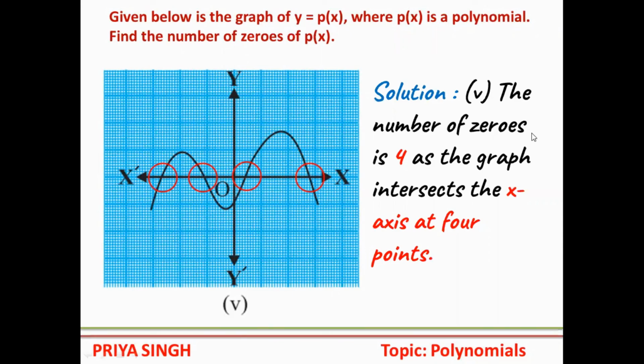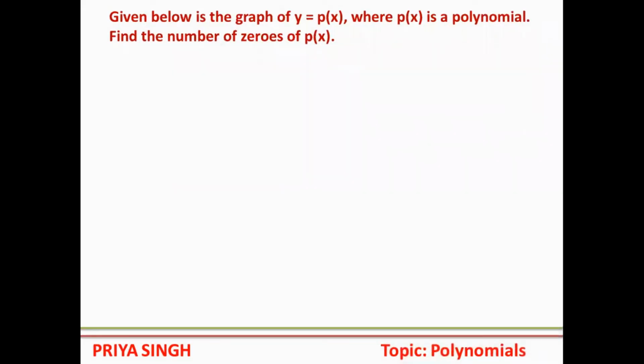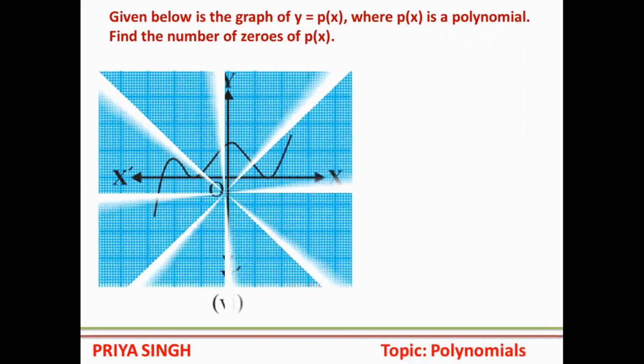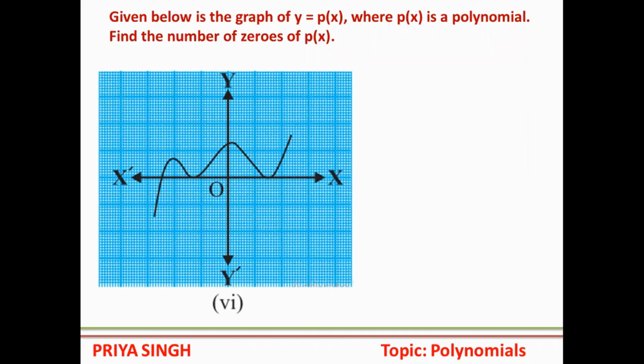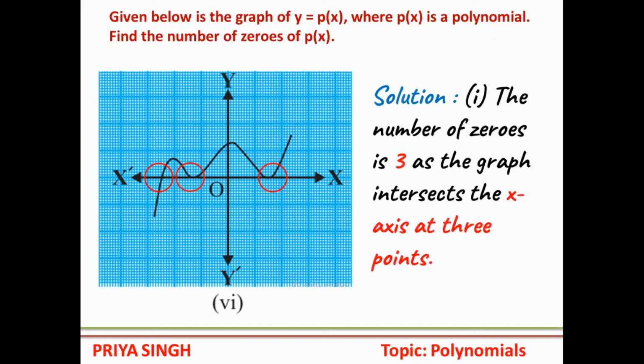Now let us consider the last sum of the exercise. That is the last graph. Here the points of intersection are the first intersection, second intersection, and the third intersection. So in all we have 3 intersections with the x-axis.